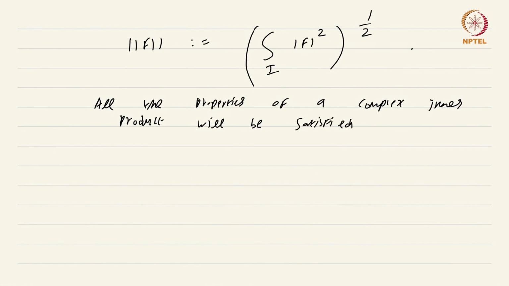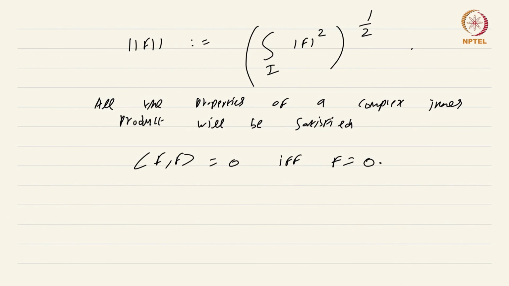It may not be true that inner product (f, f) is 0 if and only if f is 0. This need not be true. What will happen is, you can have functions which are almost everywhere 0, such that the inner product will still be 0, but the function is not identically 0.